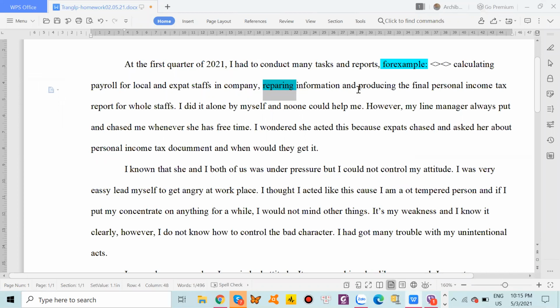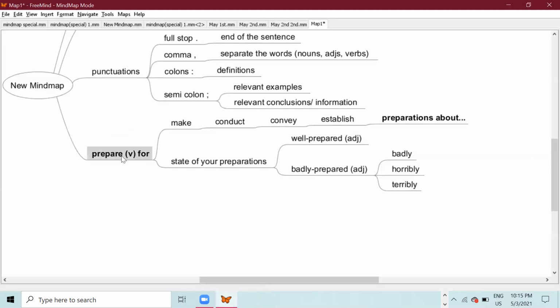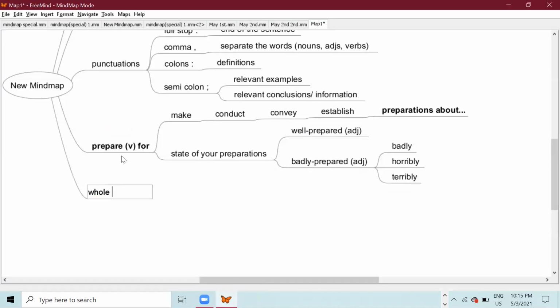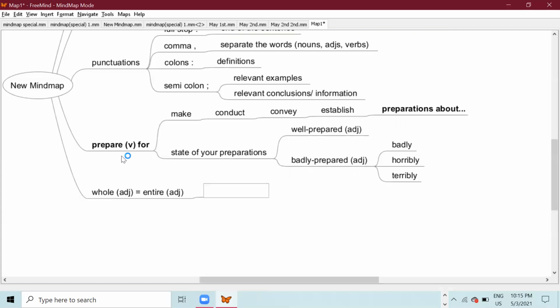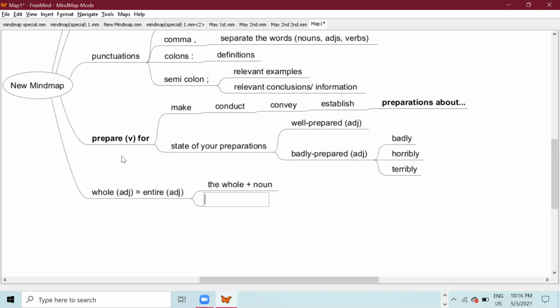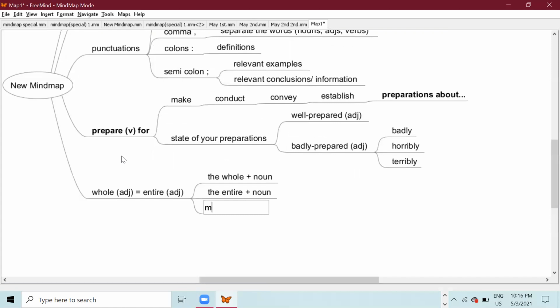Preparing for information and producing the final personal income tax report for whole staffs. Whenever we use the word whole, it is an adjective, and the same as this word, we have the word entire, but we do not use whole and entire alone. We use the word the, the whole and the noun, or the entire and the noun, or mine, or her, for example.